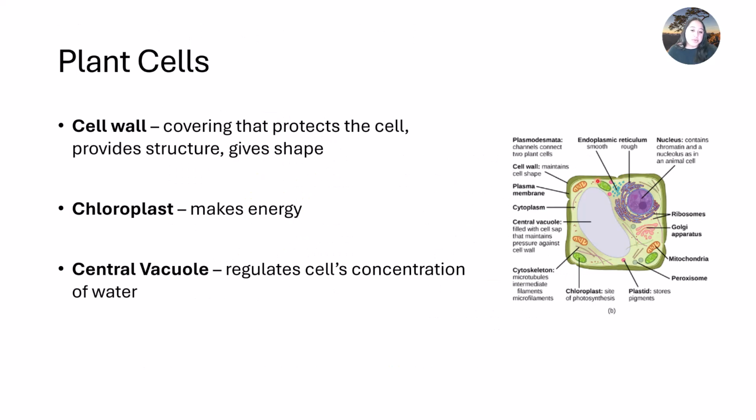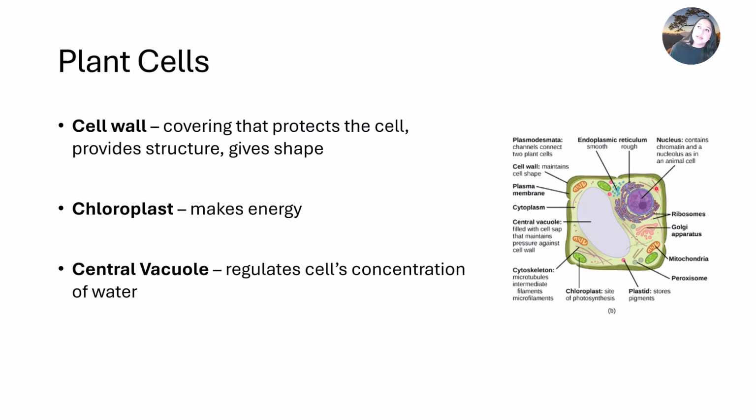For example, in plant cells there is a cell membrane or plasma membrane, but on the outside of that there's a cell wall. That cell wall helps protect the cell and gives it that pretty square, rectangular shape. It provides the structure and protects the cell. So if you see a picture of a cell and you see a cell wall, boom, that's a plant cell.